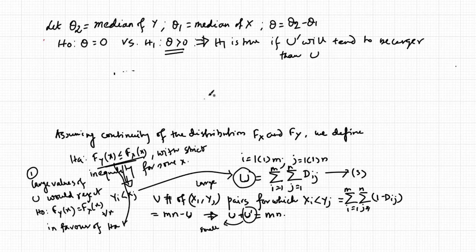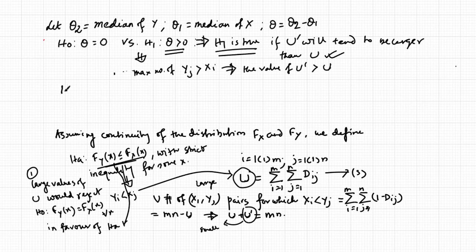So this means the maximum number of yj are greater than xi, and this implies the value of u dash is greater than u. So if H1 is true, this implies u dash will tend to be larger than u.